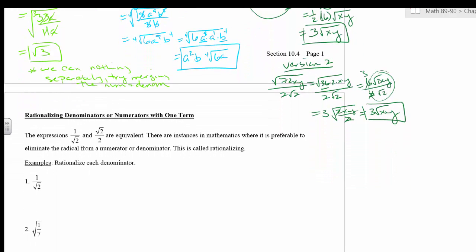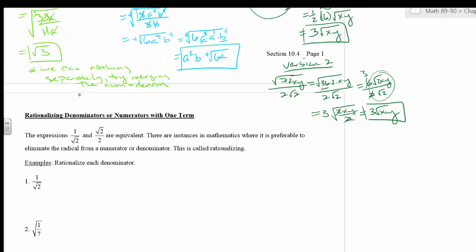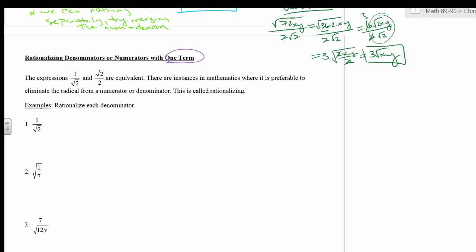So let's look at this second page here. Rationalizing denominators or numerators with one term. We'll talk about two terms later on. The expressions 1 over the square root of 2 and square root of 2 over 2 are equivalent. If you put them in your calculator, you get the same decimal number. There are instances in mathematics where it is preferable to eliminate the radical from the numerator or the denominator.